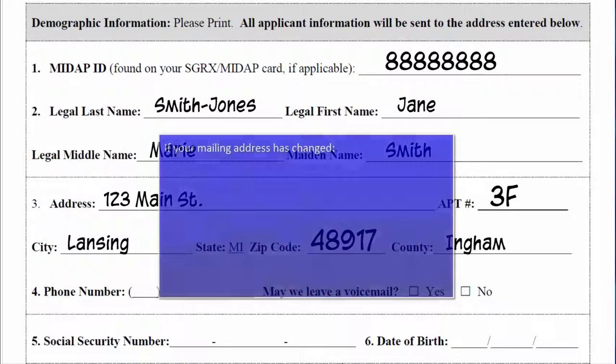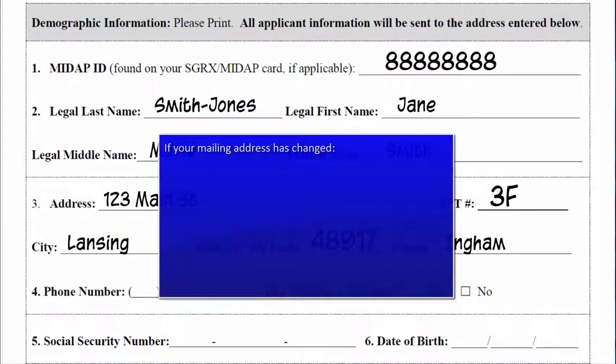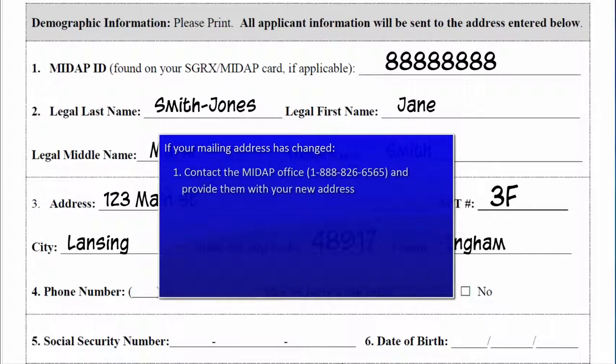If your mailing address changes, you can do one of two things. 1. Contact the MyDAP office at 1-888-826-6565 and provide them with your new address. Or 2.